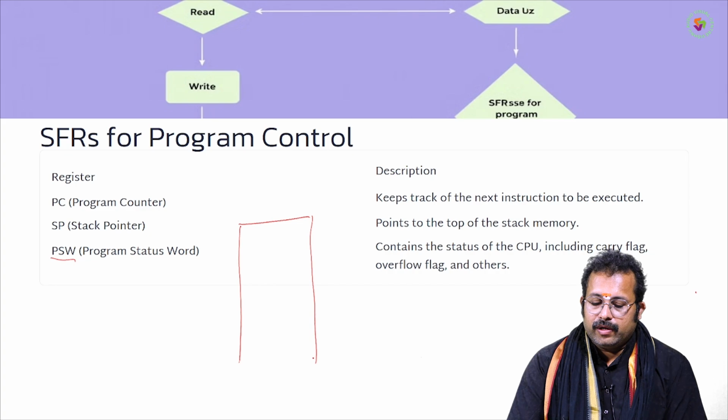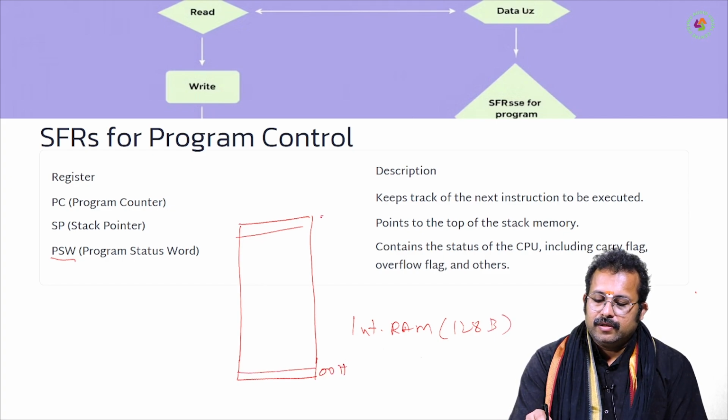But in reality, in the 8051 microcontroller, you will have internal RAM of size 128 bytes, starting address 00H to 7FH. Here let us consider 07H, then 01, 02 and so on.